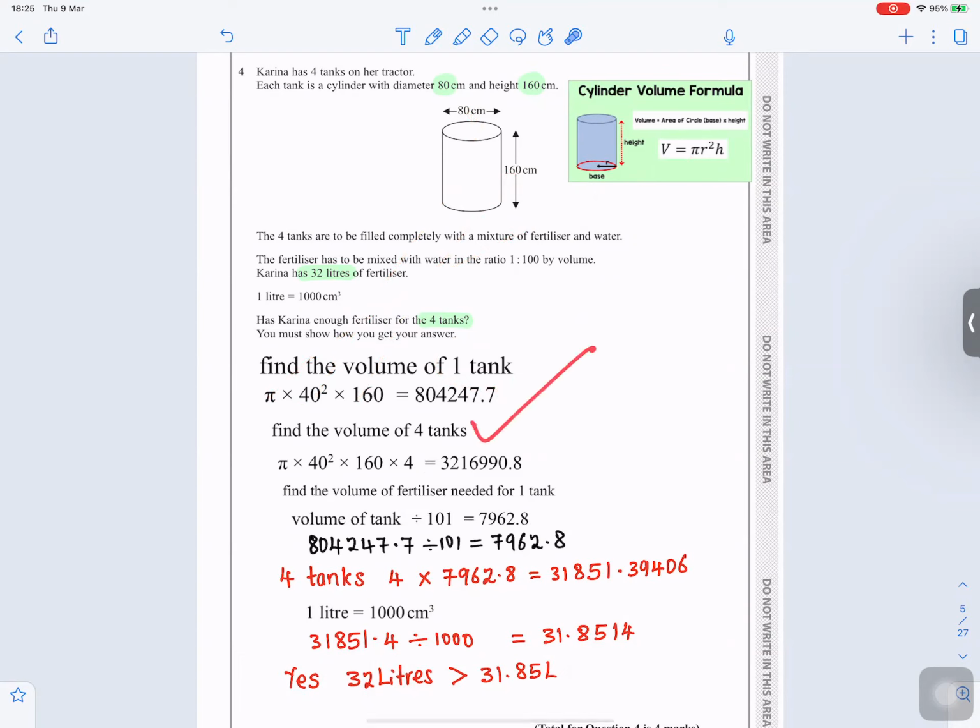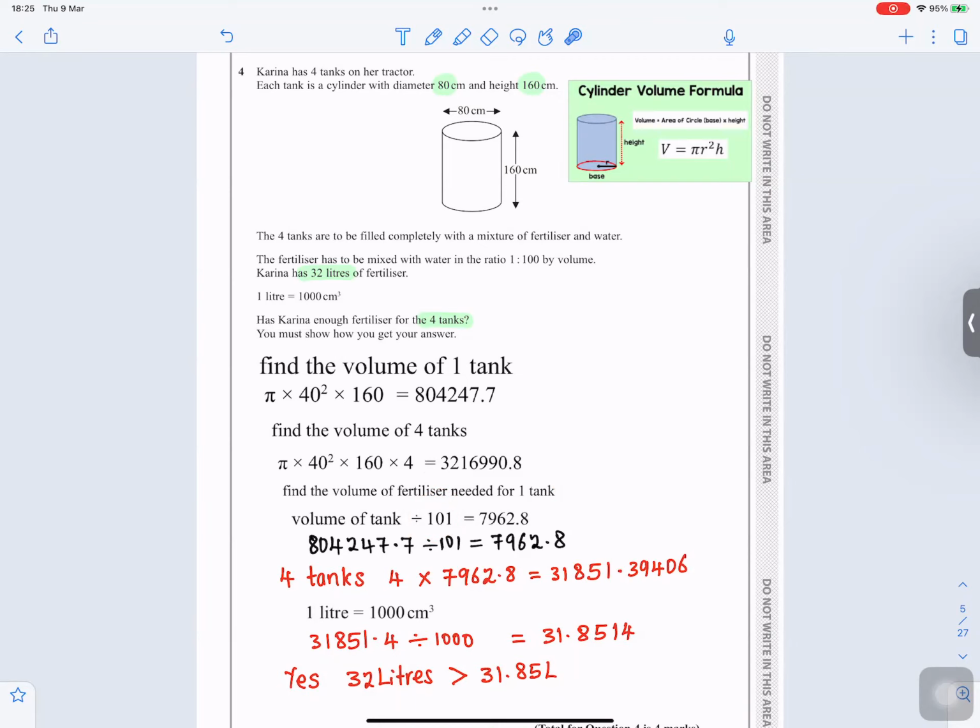After that, we find the volume for 4 tanks. So we multiply by 4, and that gives us the volume for 4 tanks. We find the volume of fertilizer needed for 1 tank. So the volume of the tank divided by 101. So it would be 7962.8.